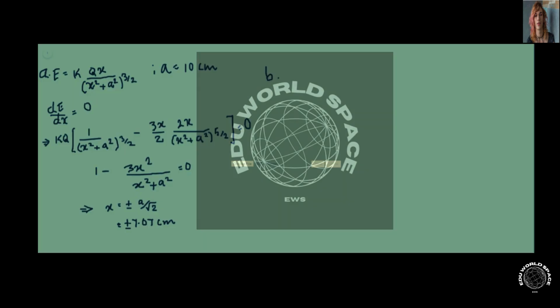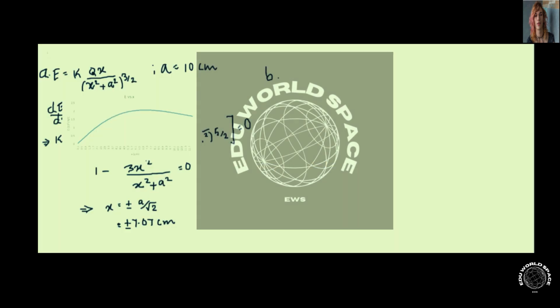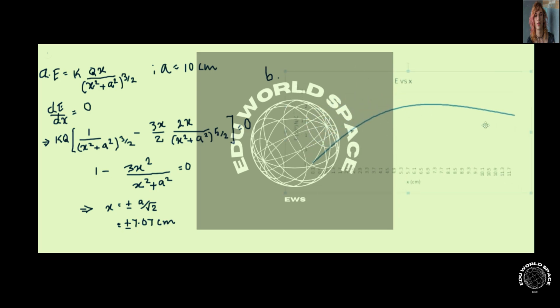To find the graph, I have drawn the graph in Excel. So here is the graph that I drew in Microsoft Excel. Now this shows the variation of electric field with respect to the distance.